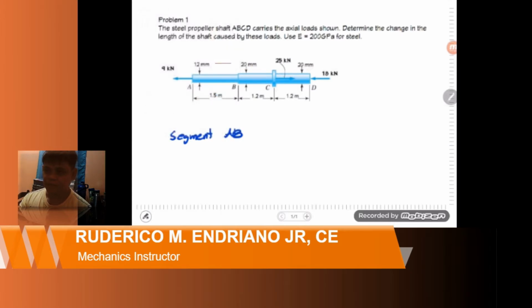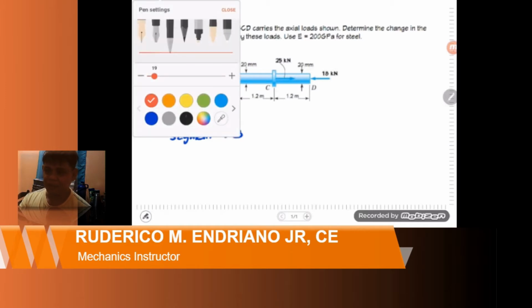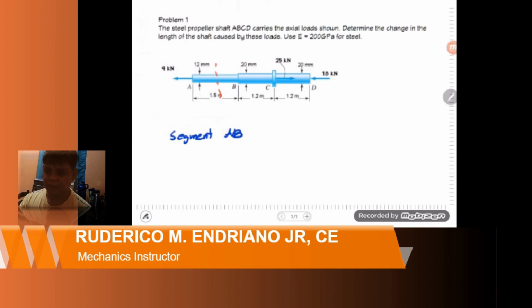So we pass the cutting plane between segment AB, and then we consider either the left or the right section to determine the free body diagram. In this case, I considered the left portion.